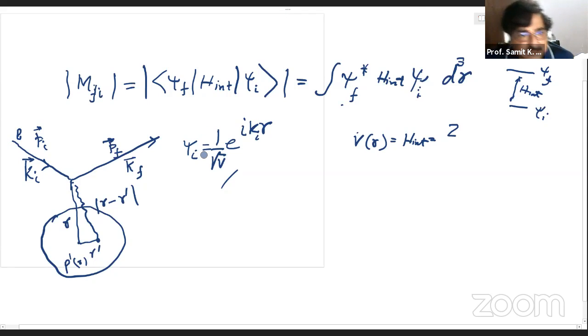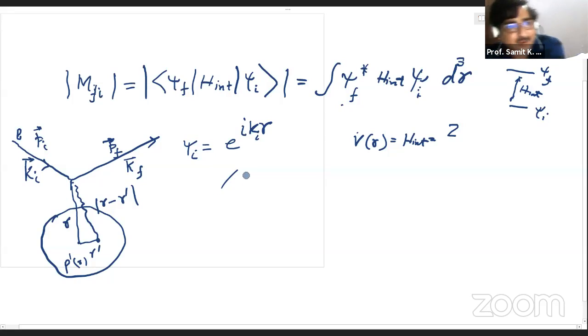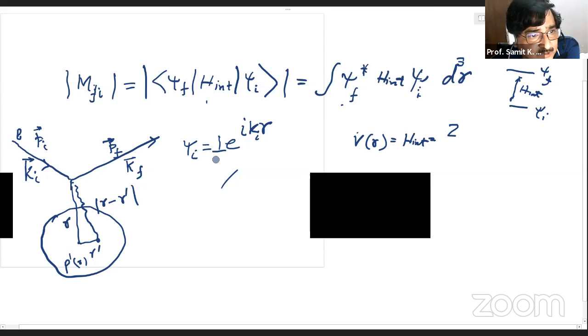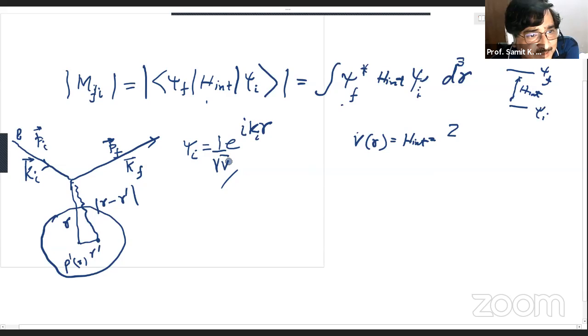I have to reshare again. Okay, hope it is back to you. So this is my incident wave function. If you write the normalized wave function, then one extra term will appear.